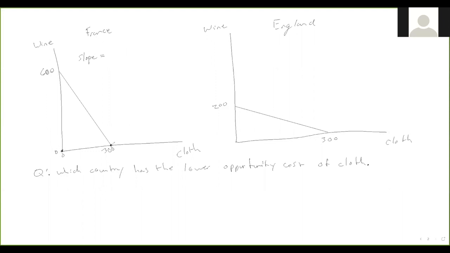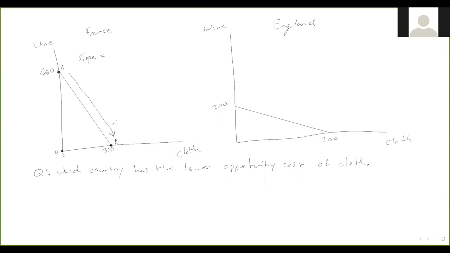We've got point A, which is 600 wine, 0 cloth, and point B, which is 300 cloth, 0 wine. Just calculate the slope using these points.